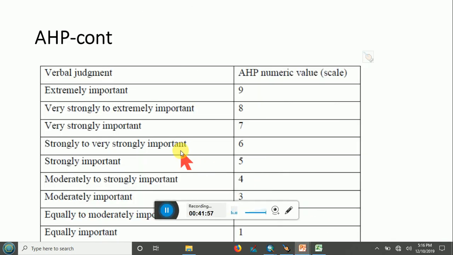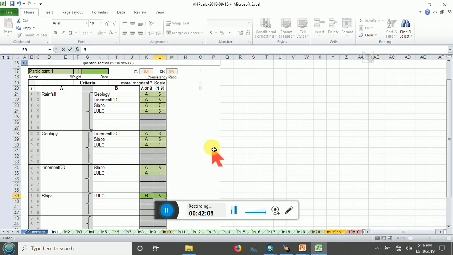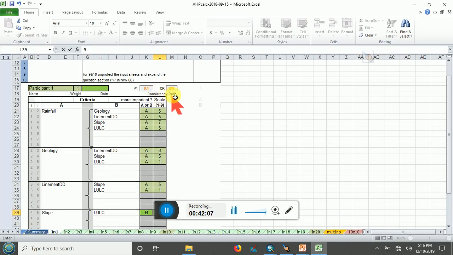That means you have to have a consistency ratio. For example, when you go back to the Excel, you can see there is a consistency ratio, CR, here. It says, for example, 8%. The consistency ratio is 8% for this specific calculation.